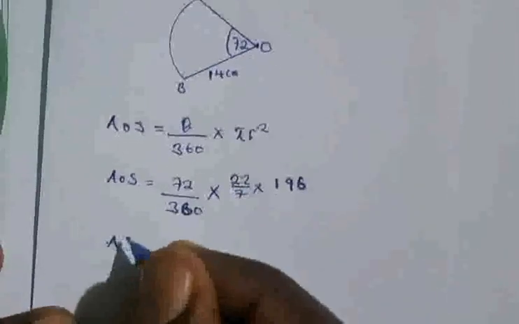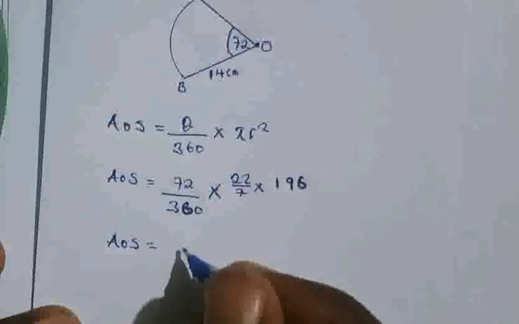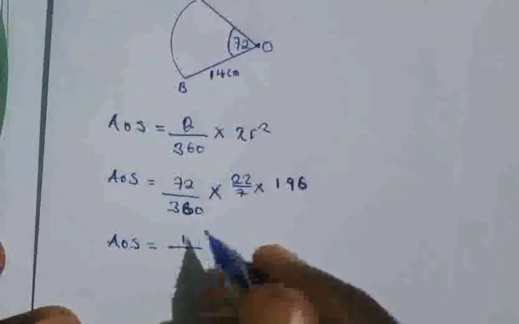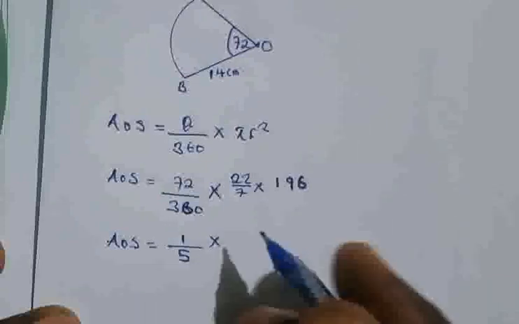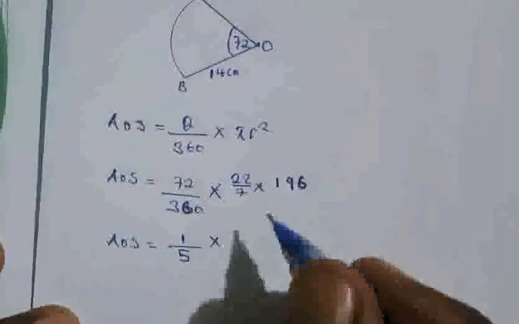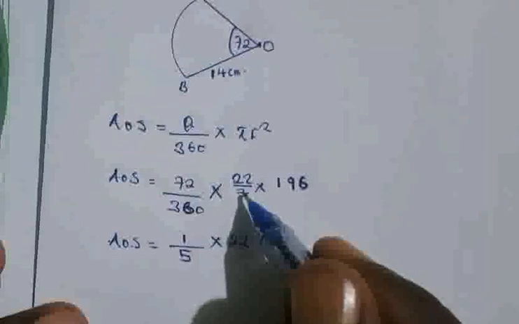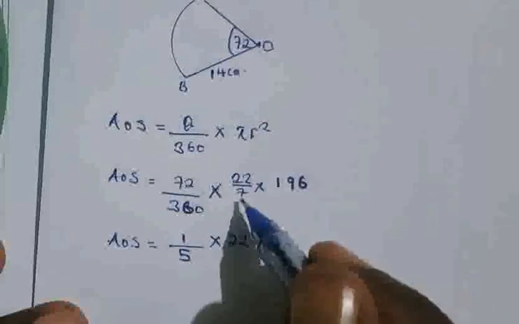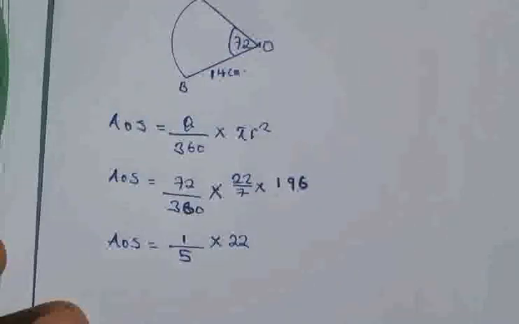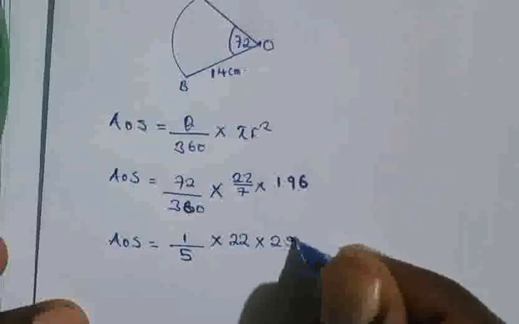Let's say the area of the sector is equal to, reduce this one: 72 into 360 is 5, so we have 1 over 5 here. Then 7 into 7 is 1, and 7 into 196 should be 28.